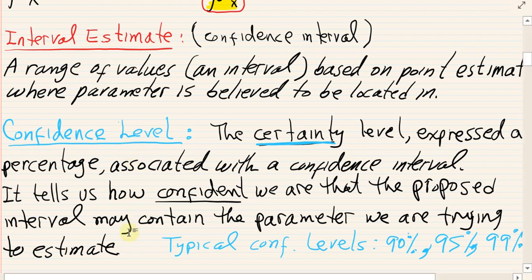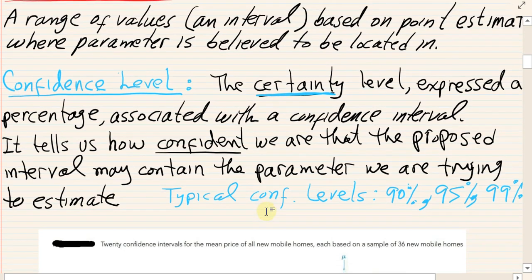Here, the typical confidence levels are 90, 95, and 99. Of course, the higher the confidence level, the better we feel about the interval containing the value of the population parameter. So that's what the confidence level is.